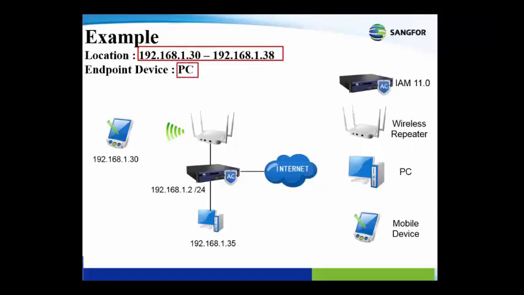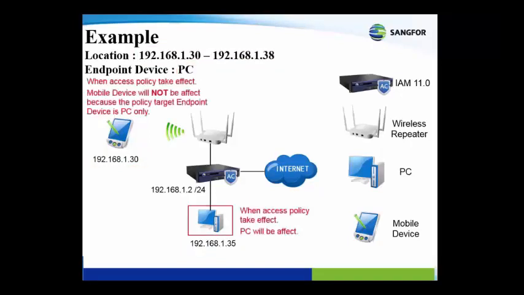In this example, PC having the IP is 192.168.1.35 and mobile device having the IP 192.168.1.30. When the policy take effect, PC will be affected, but mobile device will not be affected because the targeted endpoint device is set to PC only.